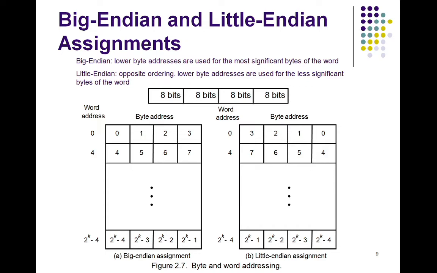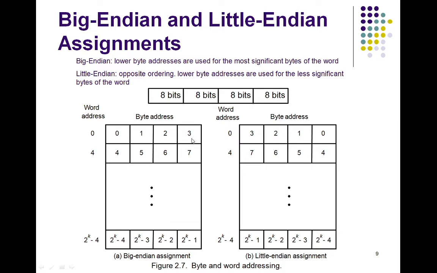Here the name big endian is used when the lower byte addresses are used for the most significant byte or the most significant word. For example, consider these memory words, horizontal rows, and this is the least significant position, and this is the most significant position.